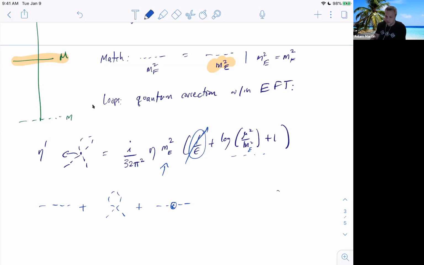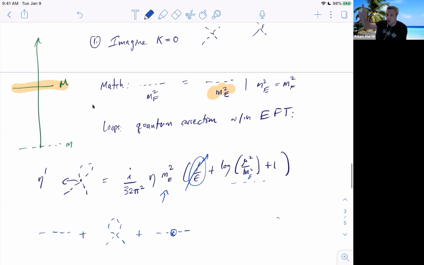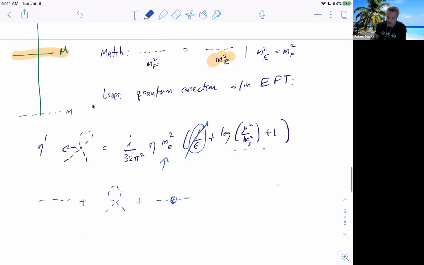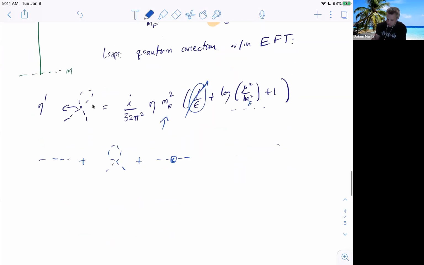So in this theory, we matched in this weird example where the heavy field didn't talk to the light field. We then calculated a loop in the EFT of only the light field, and we find that the net mass of the light scalar at this order is going to be something like m_E² minus eta over 32π² m_E².